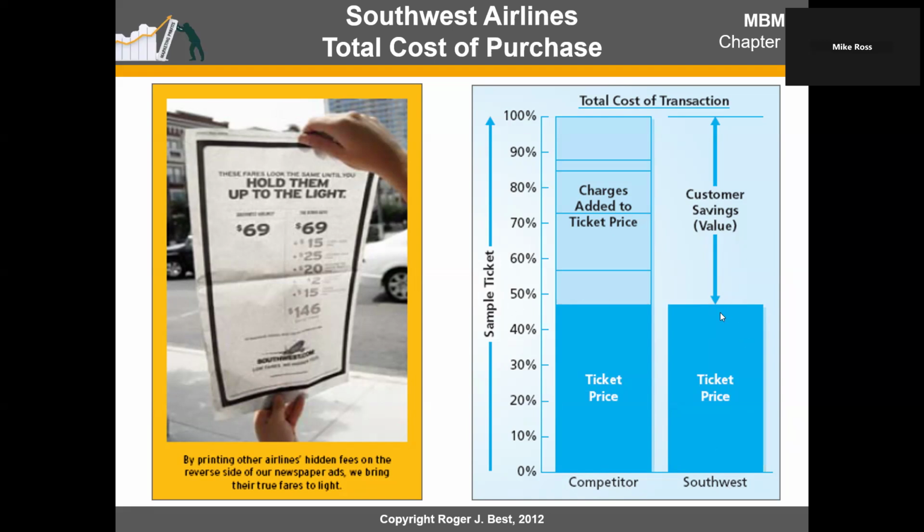Let's say this is $200 by Southwest, and I'll just pick on Delta, but it could be United or American, or any one of the major airlines, that I'm determining here, as the customer, this sort of customer savings or value. So we all do this as customers intuitively.